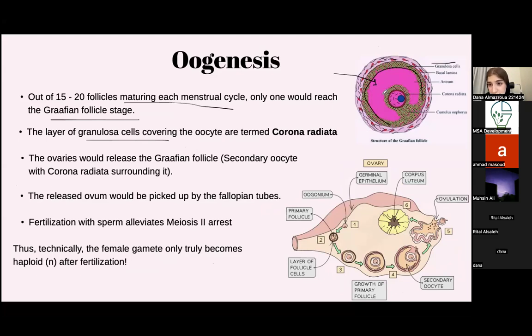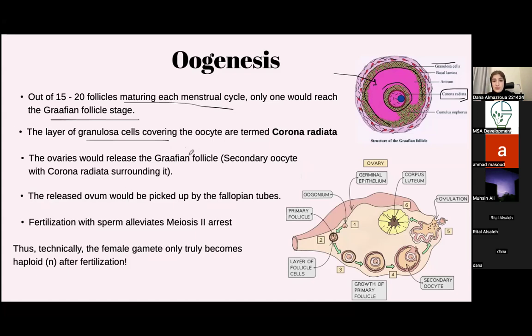But the cells immediately on top of the egg are called corona radiata. Corona radiata means a radiating crown, so the way to remember it is like a crown on top of the egg. They're the same cells. They were follicular, then granulosa, and we now call them corona radiata cells. So: follicular, granulosa, corona radiata.